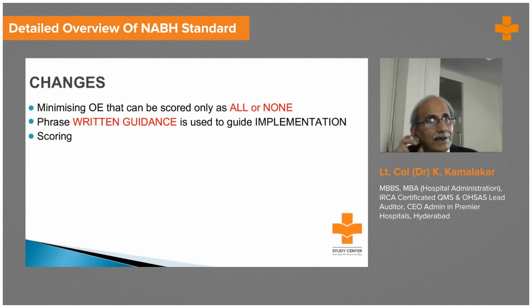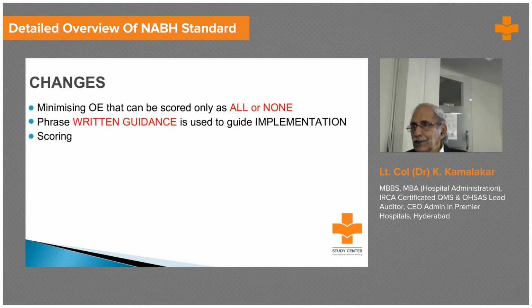Earlier, there was something like a scoring system. I will be showing you an example of how scoring takes place. In the scoring system, they had only three levels. If there is no compliance to the requirement mentioned in the objective element, the score given is 0. For example, a license is supposed to be there.